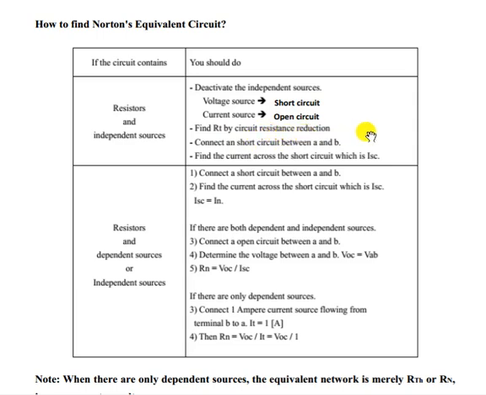After finding RTH, or RN, we find the short circuit current between terminals A and B after removing RL. That is ISC. Once we have ISC and RN, we can find IL, power and voltage drop.